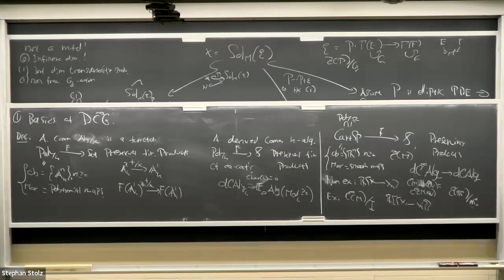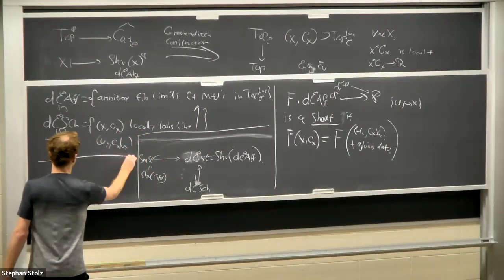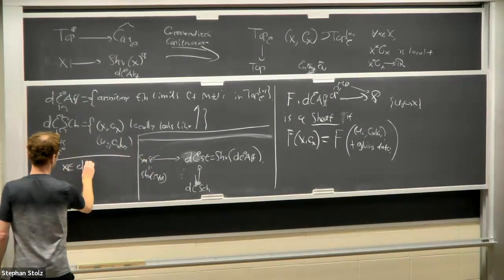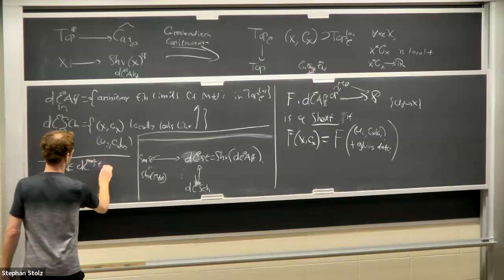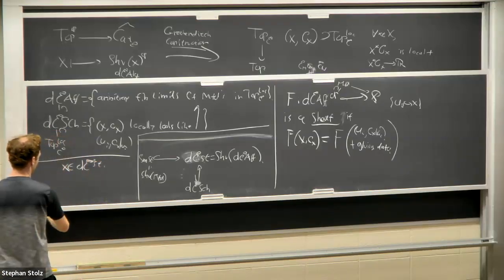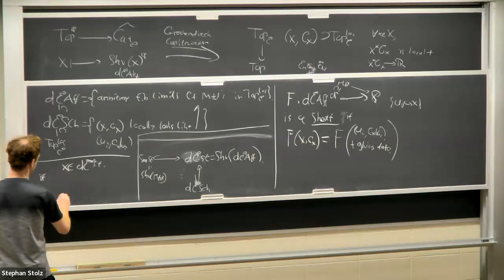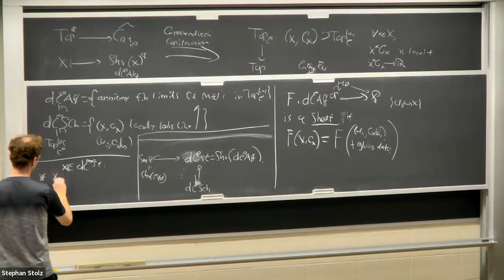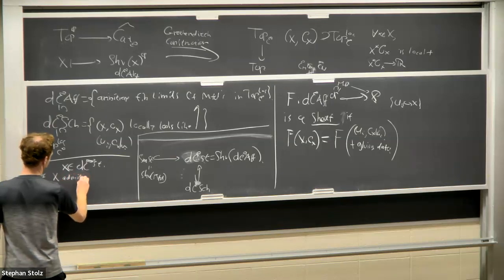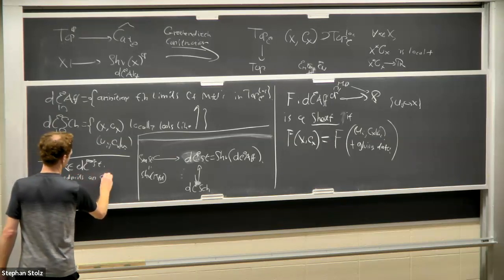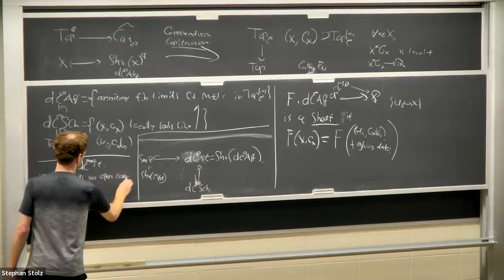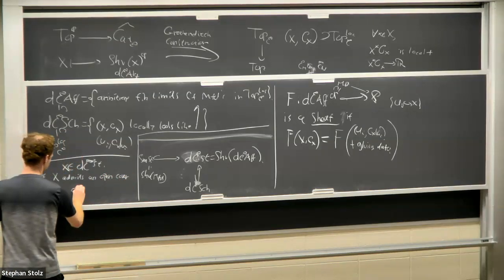I just want to say about this embedding, you can characterize the image. An object, a stack, sits inside here if and only if X admits an open cover by affines, that is, a cover by open substacks.